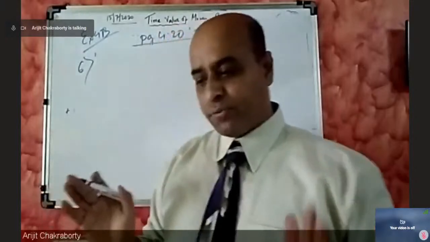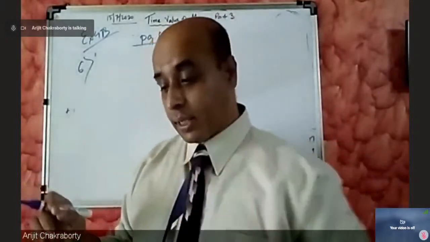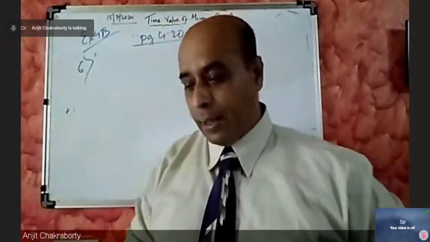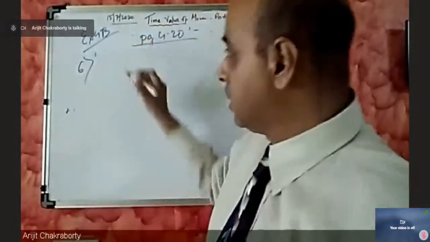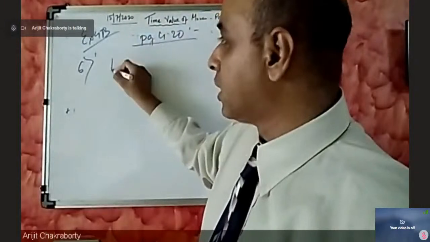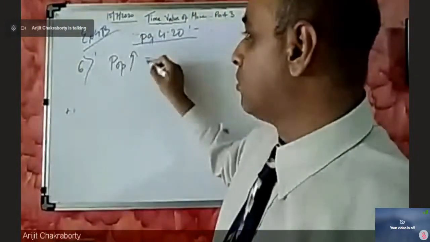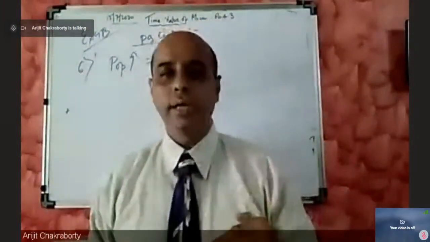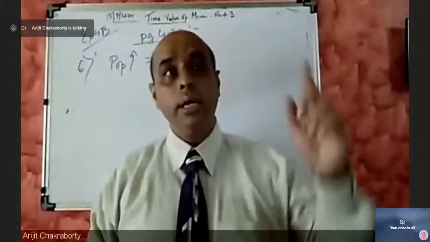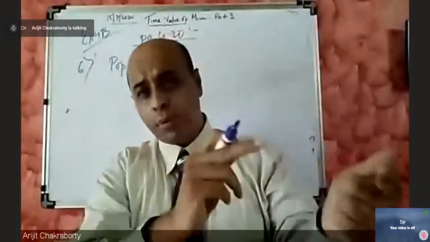The population of a town increases. Okay, this is again an increment. The population of a town increases every year by 2%. So every year the population goes up by 2%. Okay. So this year 100, next year 2%, 102. After that 2% of 102.